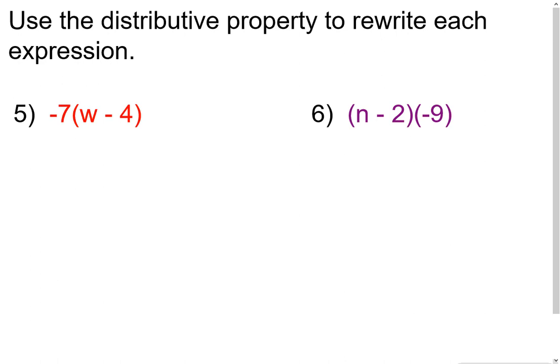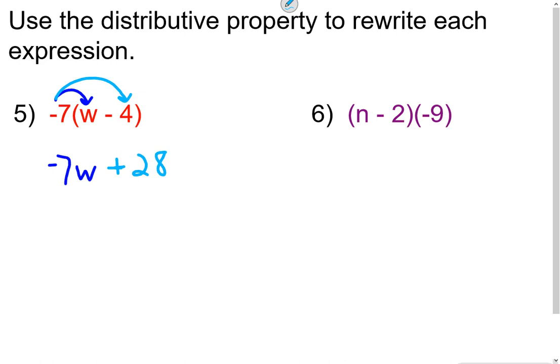Just two more little examples here. Nothing changes. Take the negative 7 in this case, multiply it by w, and we get negative 7w. And then we'll take the negative 7 and multiply it by negative 4. And negative 7 times negative 4 is positive 28. So we've rewritten it using the distributive property.